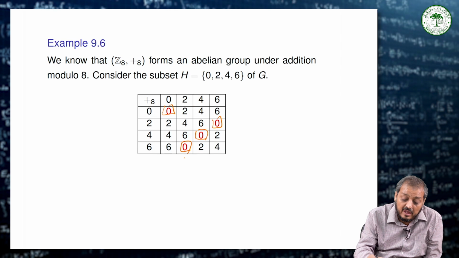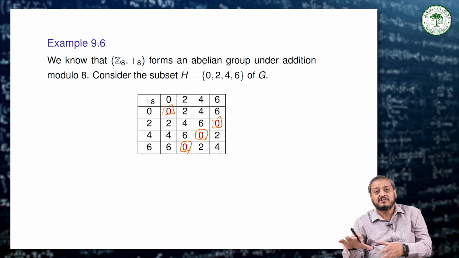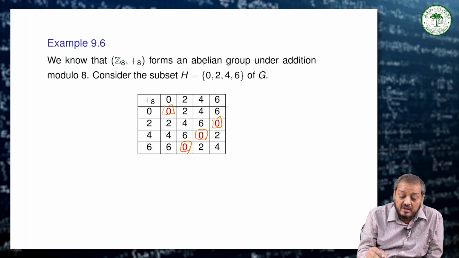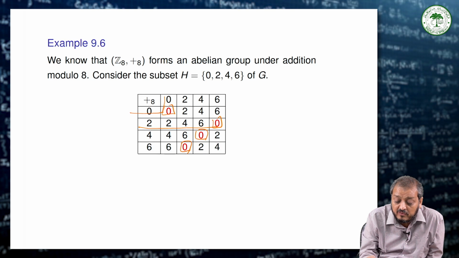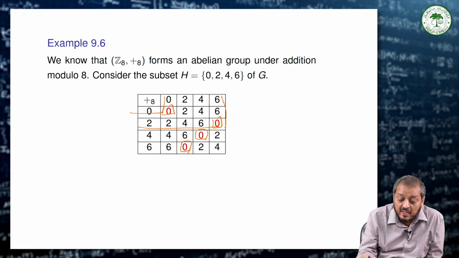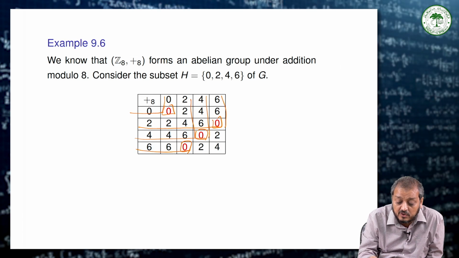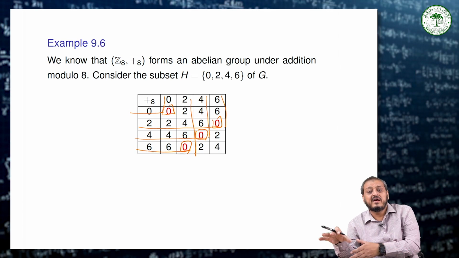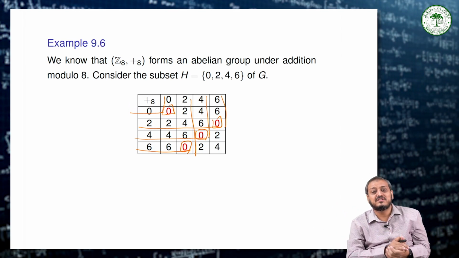All the elements of this table are elements of H, so clearly H is closed. The identity is 0, the inverse of 2 is 6, the inverse of 4 is 4, and the inverse of 6 is 2. So every element has an inverse, H is closed, and it is non-empty.